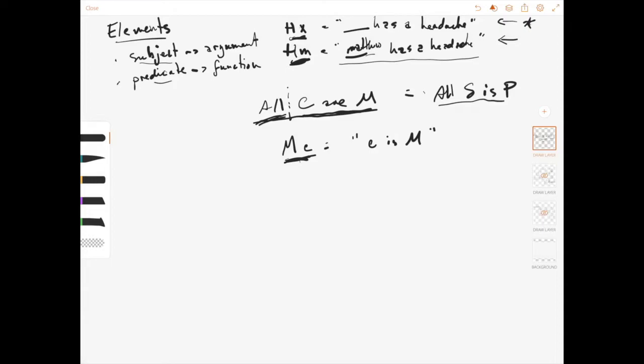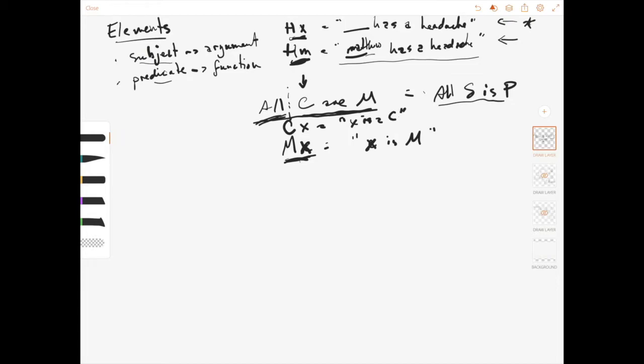For anything you can think of, if that thing is a cow, then that thing is a mammal. Well, how we could think of it is like this. We could make "being a C", let's change this to x, into a predicate like this. C of x stands for x is a cow.